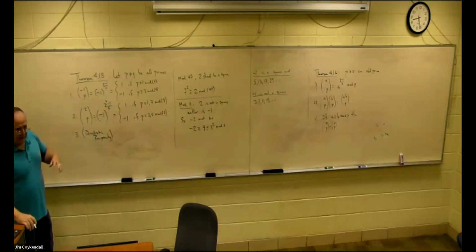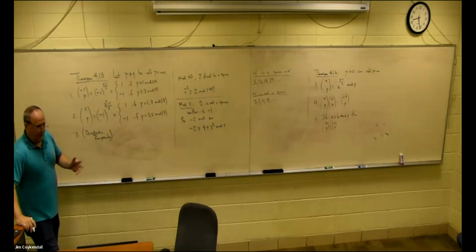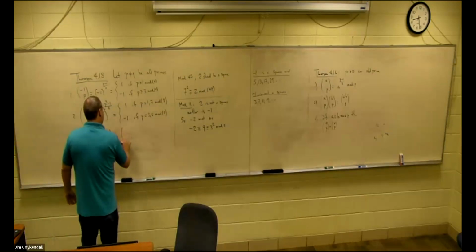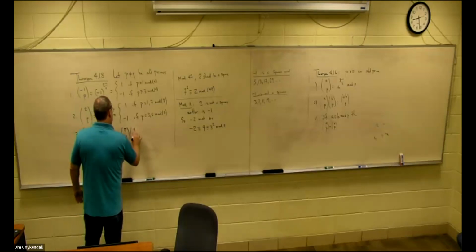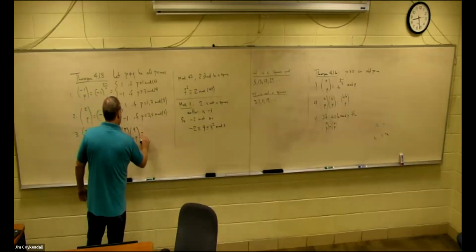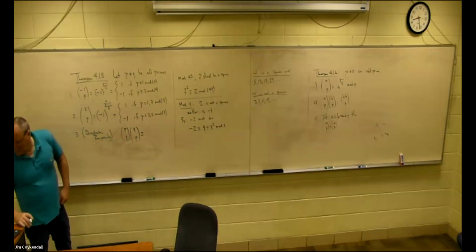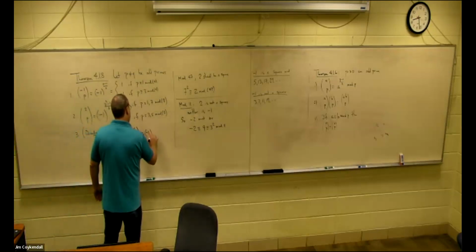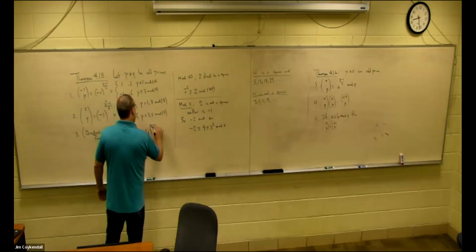This is like a galactic miracle on the order of the fundamental theorem of calculus, I think. If you look at (p/q)(q/p), this is (-1)^((p-1)/2 times (q-1)/2).